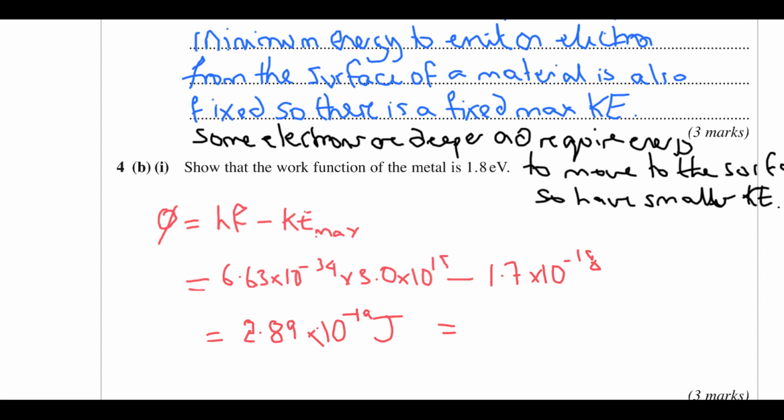So we can see it's over 1, but it's between 1 and 2 essentially. So divide by 1.6 times 10 to the -19, and that gives us 1.806 and so on, in electron volts, which is roughly 1.8 electron volts.